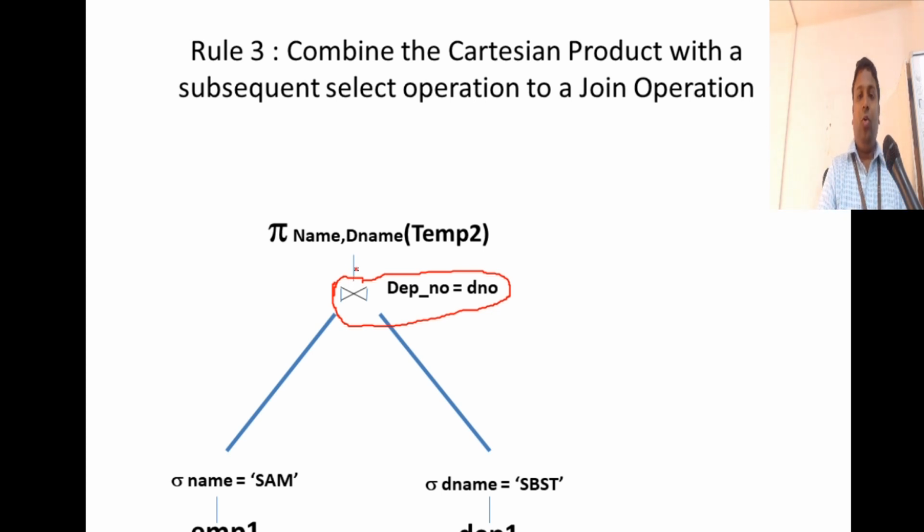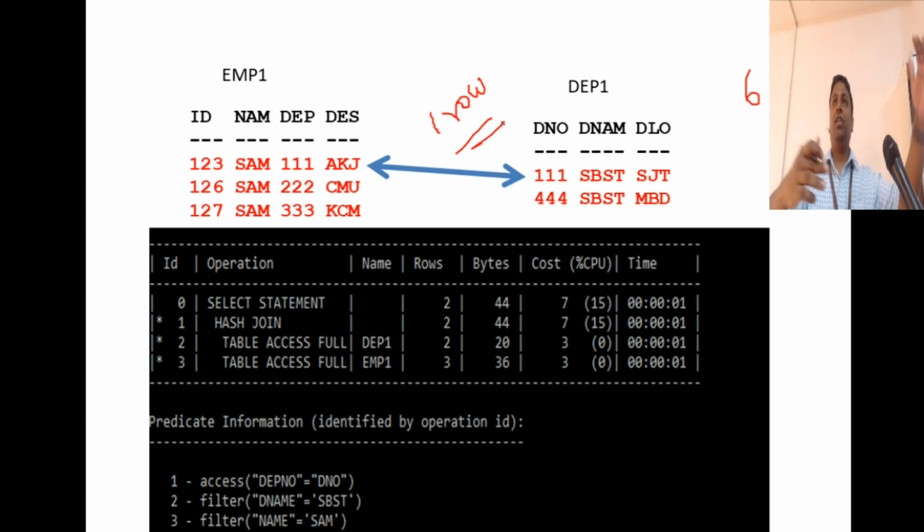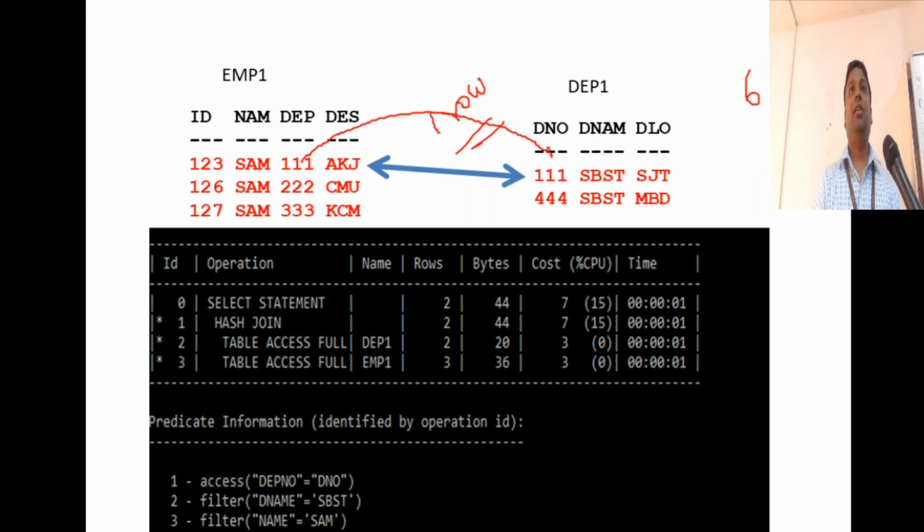So when you convert it to a join, instead of having 6 rows, you are just going to have 1 row directly. With the Cartesian product, we generated 6 rows. When you convert that to a join, it just matches using the department numbers and creates 1 row directly. So from 6 rows, you have reduced it to 1 row. And these are the statistics we get.